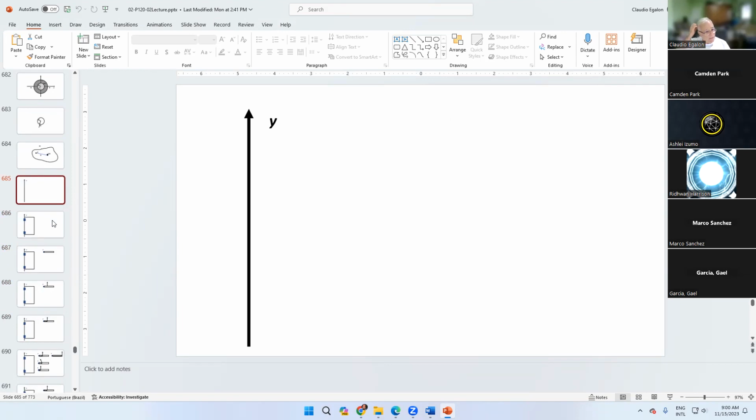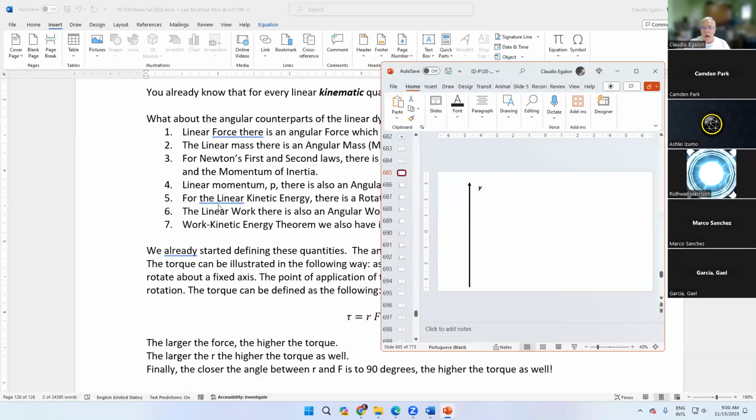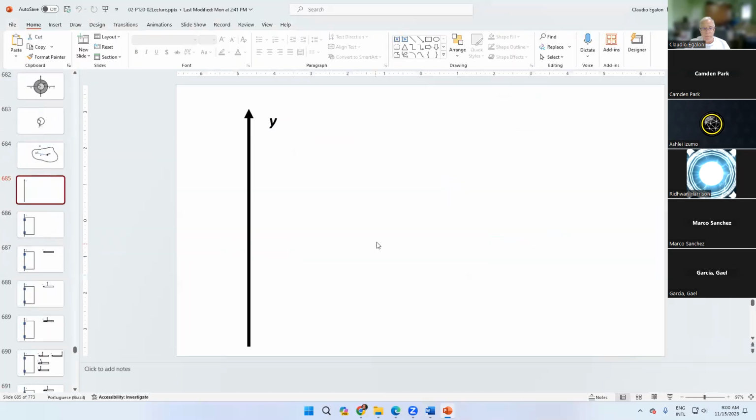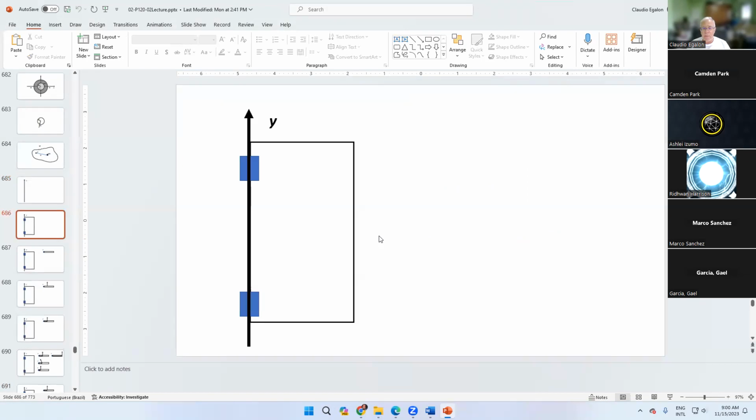Suppose that we have a rigid body. Don't forget, we are dealing with rigid bodies, not with extended objects, right? And this rigid body has an axis of rotation, a vertical axis along the y direction. An example of a rigid body would be a door that has a hinge.